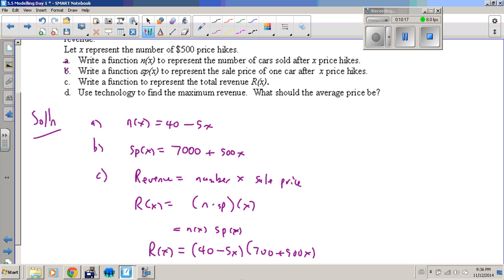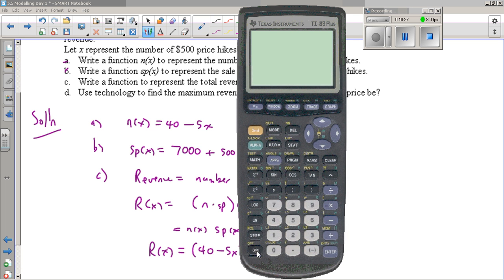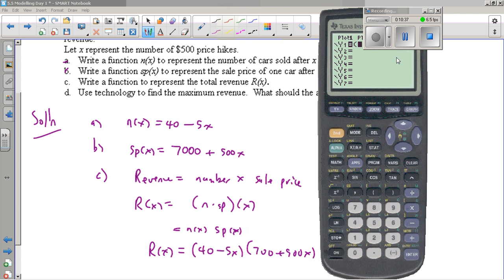So let's pull out the graphing calculator, pull out Desmos. Which shall we use? I got the graphing calculator here. You could use Desmos though, right? Y equals, clear that off there. What's the hardest perhaps about this thing is figuring out a scale where this is going to fit.